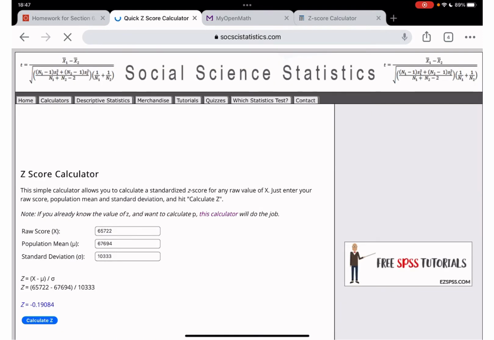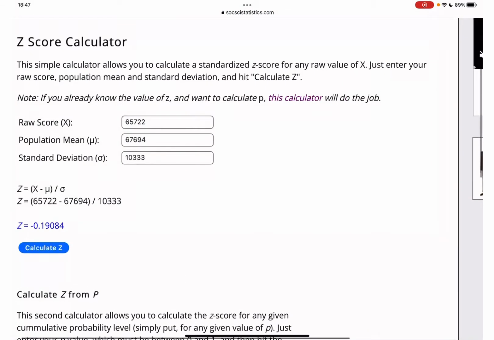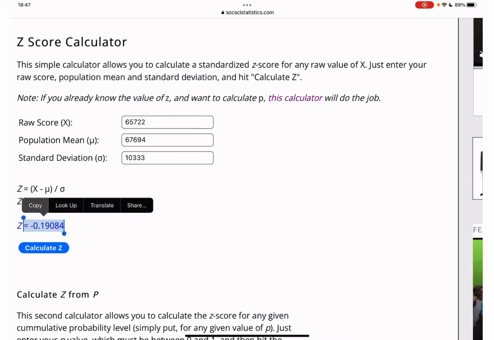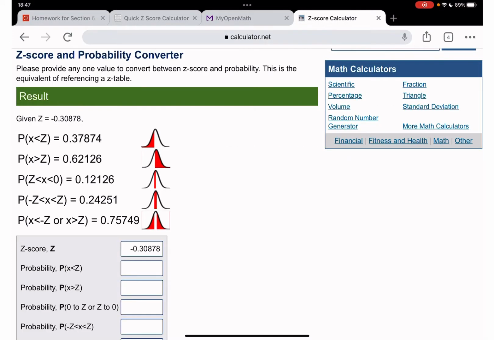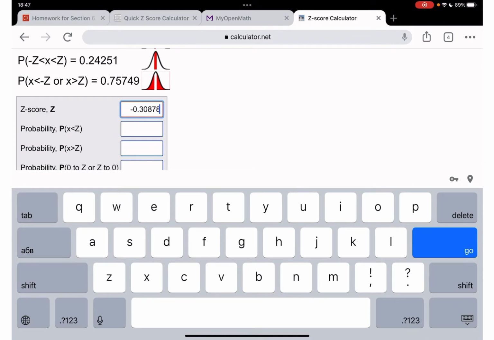So how much is our z-score? Negative 0.19084. And from the z-score, we are moving to get our probability.